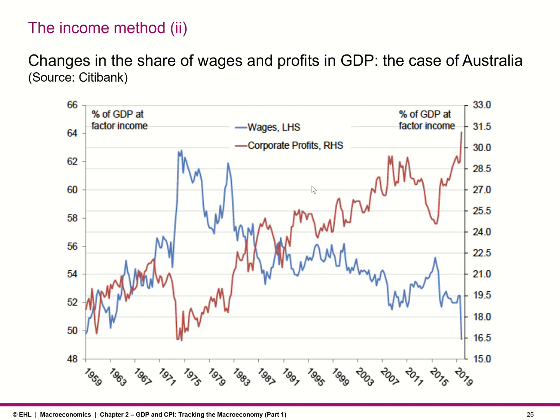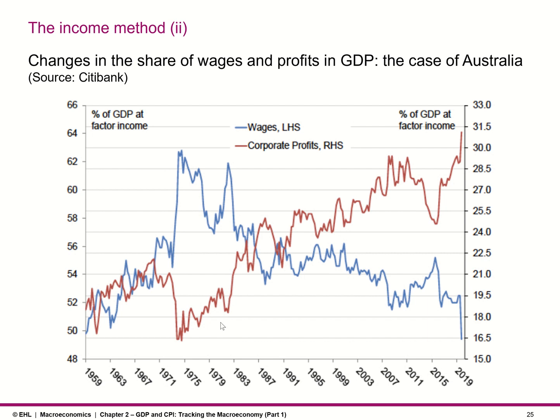Let's have a look at some data, and we can compare the share of wage income and of profits in GDP. This is a kind of complex graph made by Citibank, a very well-known American bank. These data are concerned with Australia, but we would observe the same trends in most advanced economies around the world.